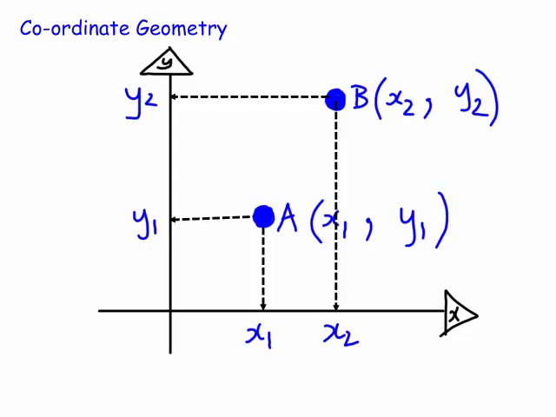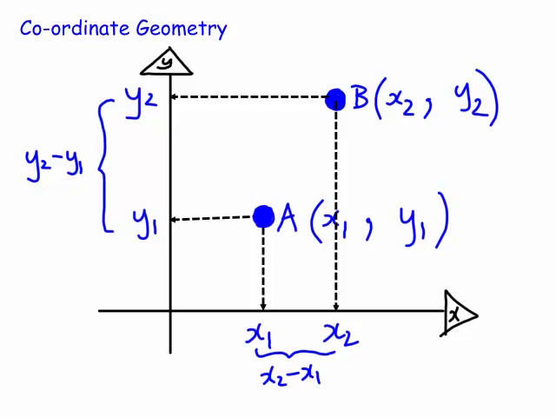So we now have x2, y2, x1, y1. Let's have a quick look. The difference in the heights, hopefully we can see, is just y2 minus y1. And the difference in the x's, down here, would be just x2 minus x1.